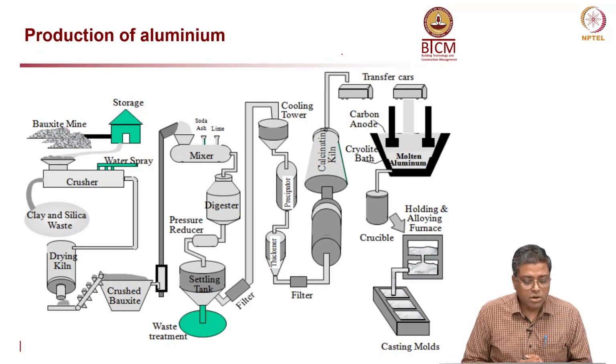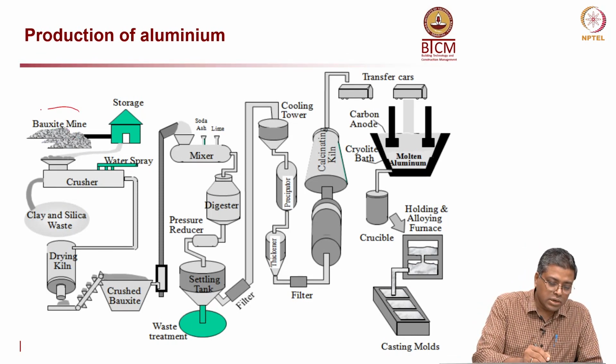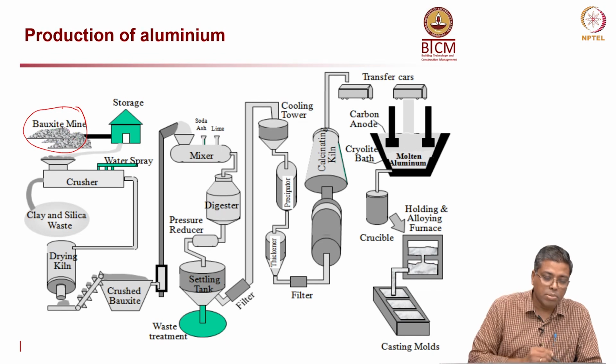Now, for the production of aluminum, what is the raw material which is used? It is nothing but bauxite.